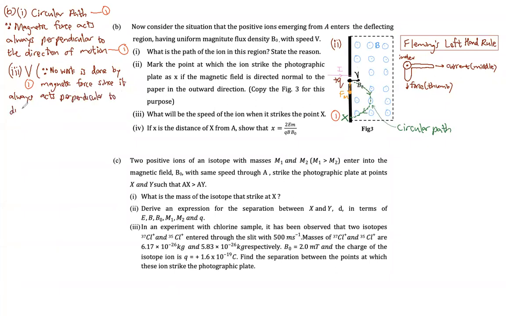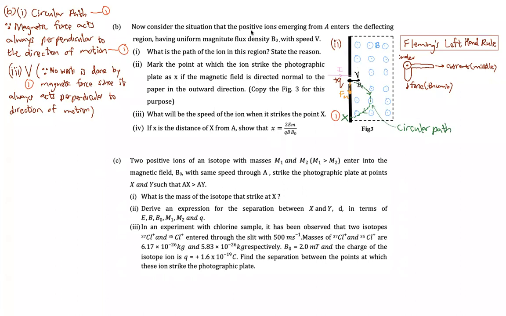If it acts perpendicular to the direction of motion, people, there will be no change in magnitude, but direction will change. There will be no work done by that force. So kinetic energy is not going to change. Kinetic energy is going to remain constant. Kinetic energy is not a vector, people.